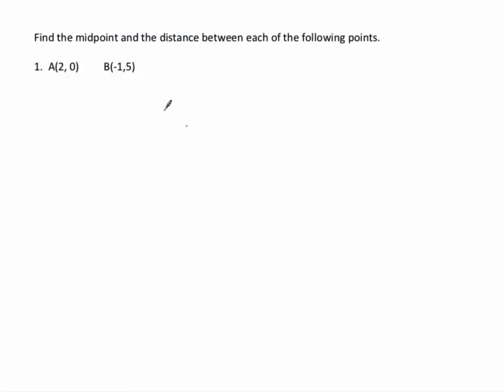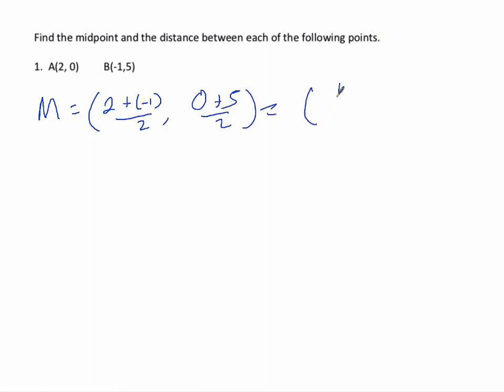Anyway, let's use it. Okay, let's find the midpoint between these two. So the midpoint is, well, we find the average of the x values and the average of the y values. So the midpoint is going to be, in this case, half, 5/2.